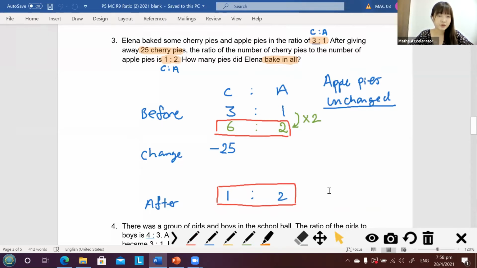What do you think? Type in the chat. Okay, good. 5 units, because at the start is 6, you end up with 1. So you must have subtracted away 5 units. 6 minus 5. Therefore, 5 units is equal to the 25 cherry pies that were given away.